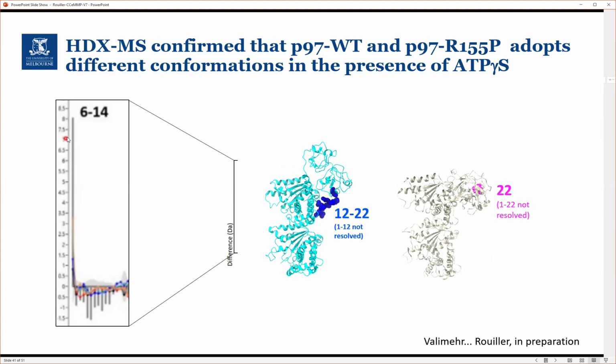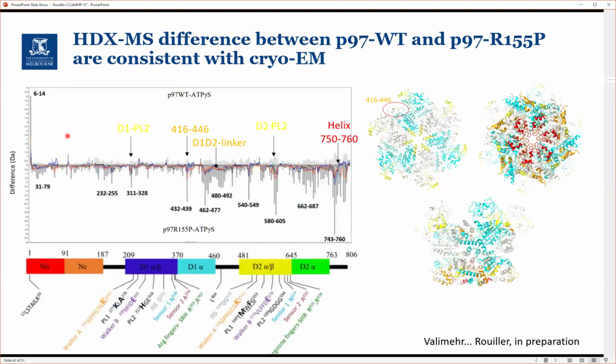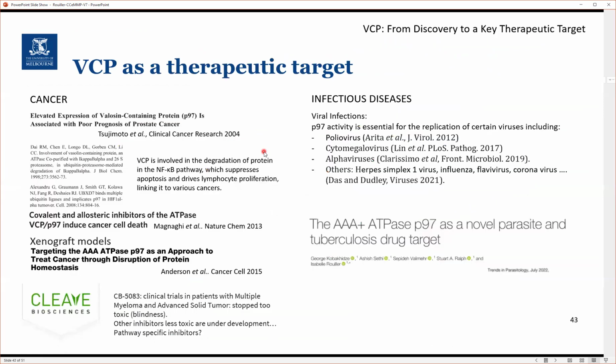So this confirms that we are capturing the N upward conformation in our cryo-EM data. And then the other type of difference, we saw some differences in the D2 domain. This is consistent with opening of the D2 domain, as shown here.